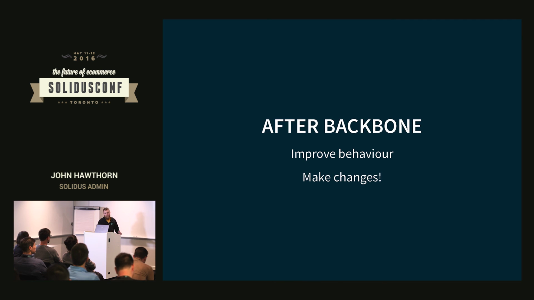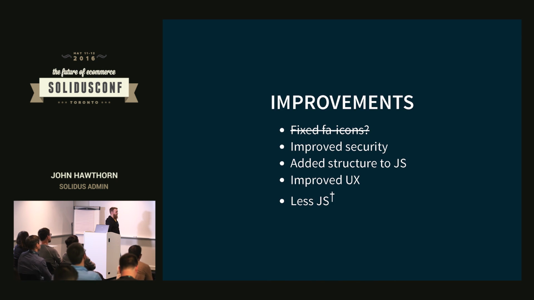So after adding Backbone, it was much easier to make changes. And while doing it, we were also able to improve some UX behavior that was bad before. So the end of my story is that I did not fix the icons. Maybe next year I will have fixed them.